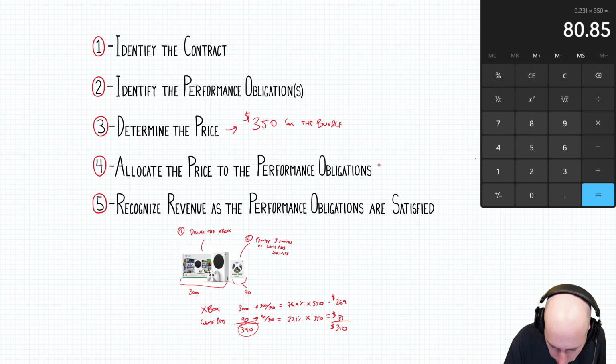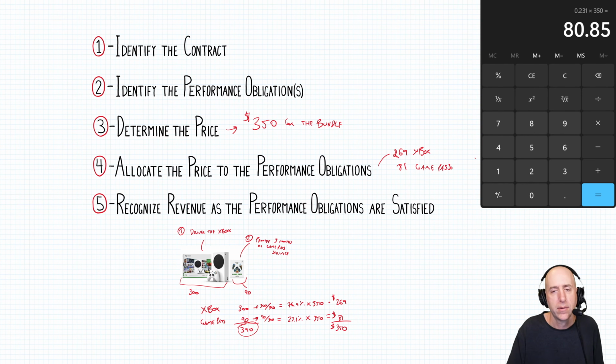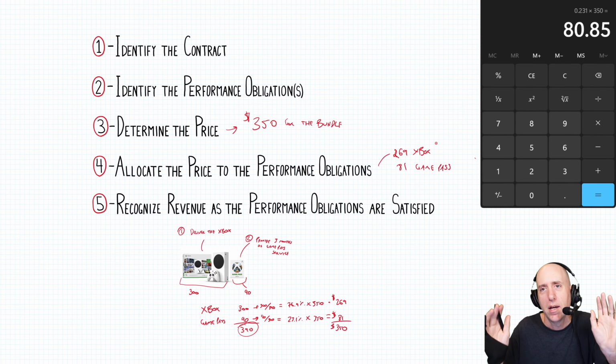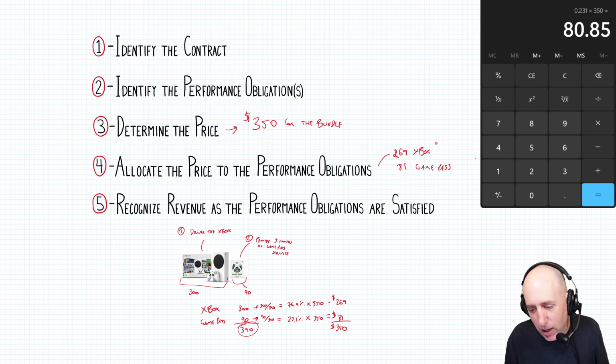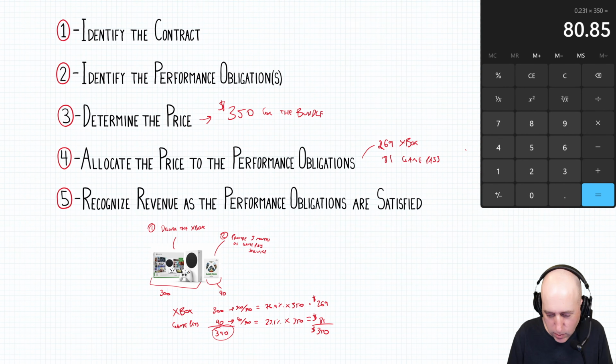So we would say, okay, 269 goes to Xbox, and 81 goes to Game Pass. And here's why this is important. As soon as I ship the thing, I've earned the Xbox revenue, right? So let's just say it's the day after I've shipped the product out, or, let's be more precise, the customer received the product.